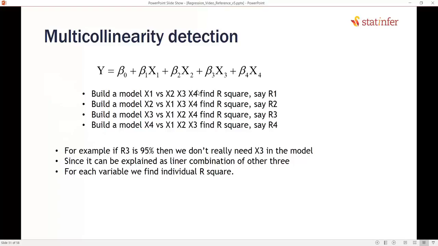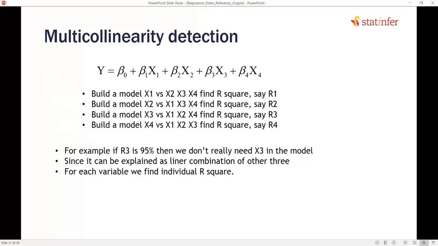Why am I doing that? I'll find the R square of such a model. This is a different regression model within predictors. If that R square, x1 versus x2, x3, x4, is 98%, what does that mean? I'm fitting a regression line between x1 and the remaining 3 variables, x2, x3, x4, and that R square I got as 98%.